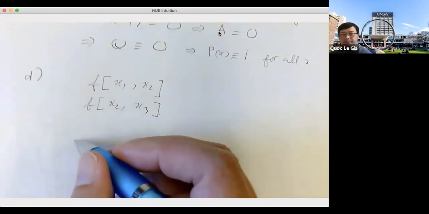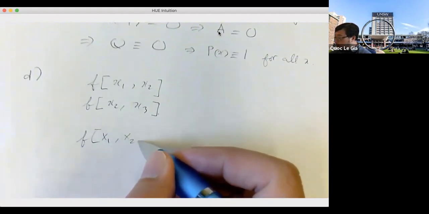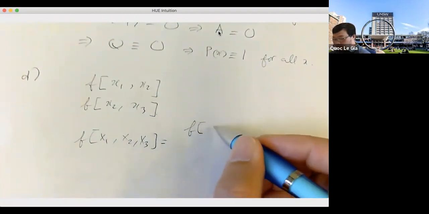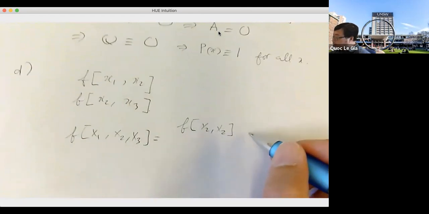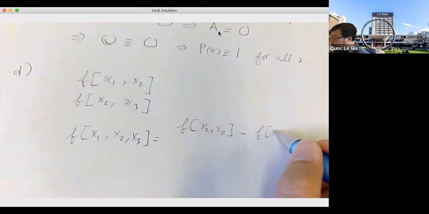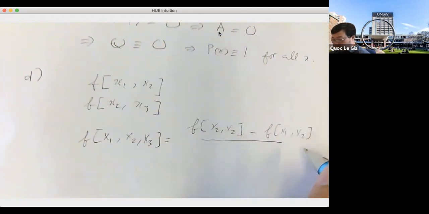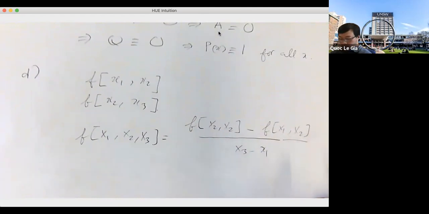Show that the divided difference over x1, x2, x3 can be given by this formula, divided by x3 minus x1.